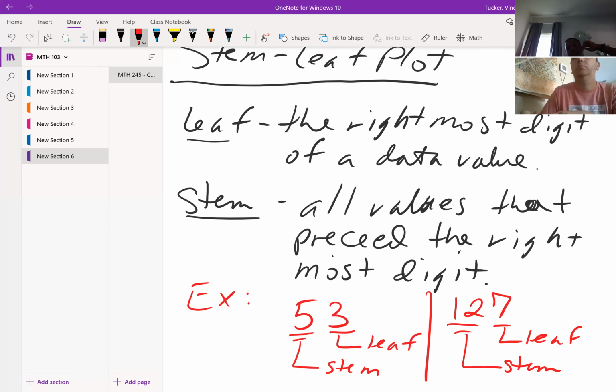So if I had the number 53, the leaf would be 3, and the stem would be 5. Well, if I had 127, the leaf would be 7, and the 1, 2 before the 7 would be your stem.